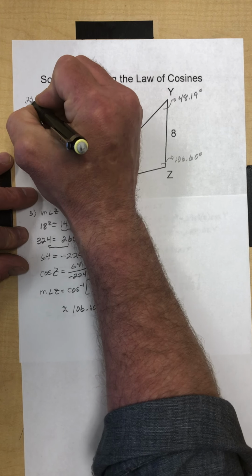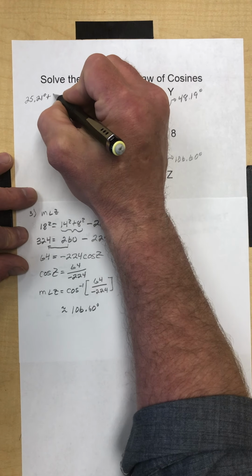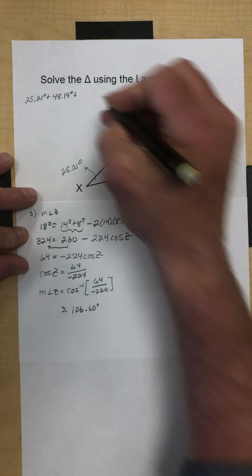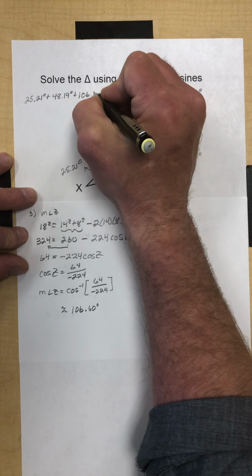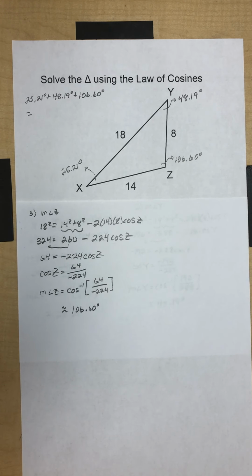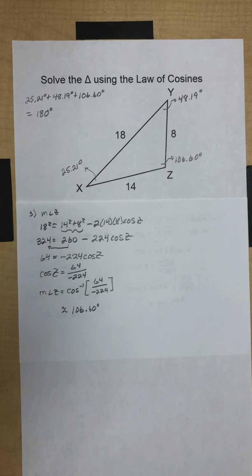So if we go 25.21 plus 48.19 plus 106.60, and we add those together and see what happens, that comes out to exactly 180 degrees on the nose, so we should feel pretty good about it.